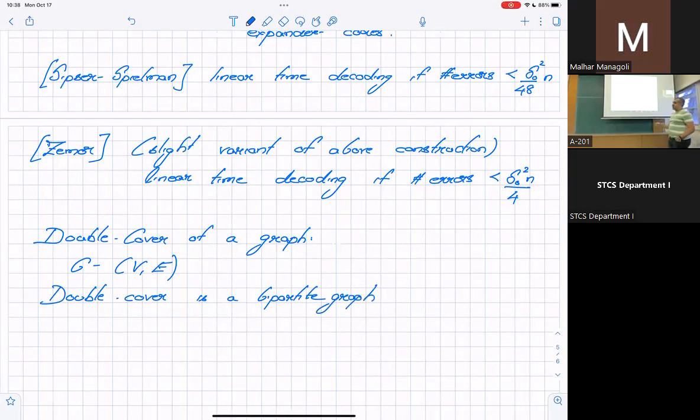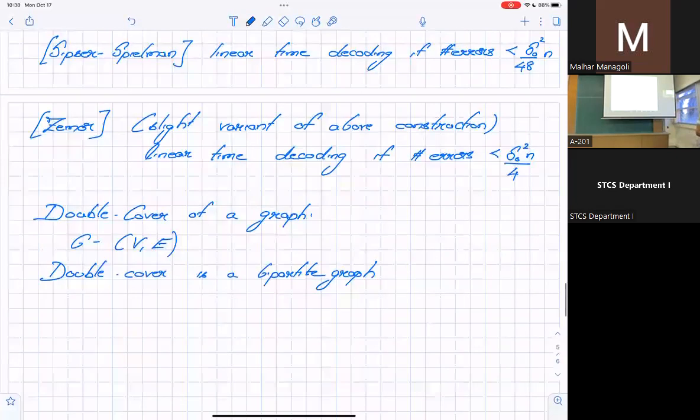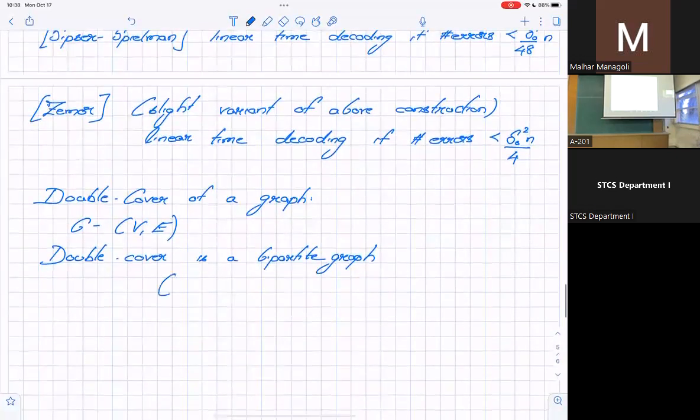The left side and right side are both copies of the original vertex set. The same vertex is put on the left side and on the right side. So it is V cross 1 and V cross 2: two copies, one indexed with 1, the other indexed with 2.